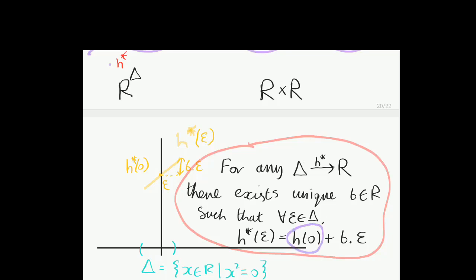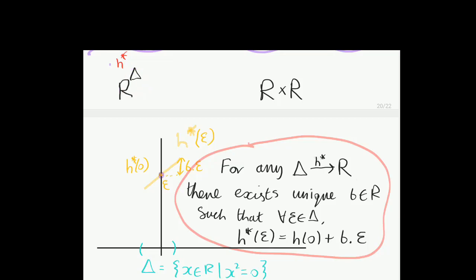The y-intercept, h of 0, and the gradient, b, okay? And that's because each of these kind of functions from delta to r is basically a linear kind of function, or it has a kind of straight line plot.